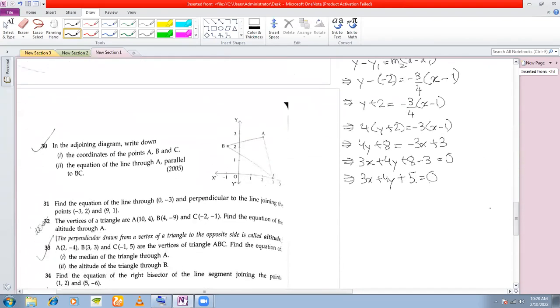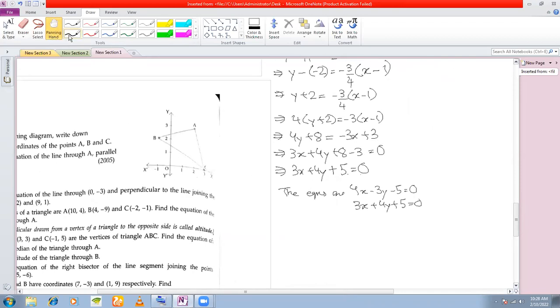4x minus 3y minus 5, and the next equation is 3x plus 4y plus 5. Call these equation number 1 and equation number 2. How do you solve these two equations? You can eliminate x first if you want, or y first, whichever you want.